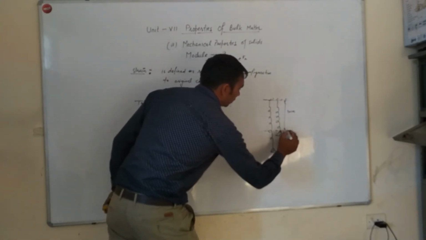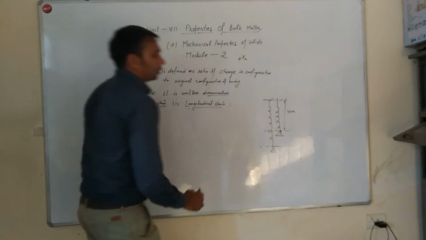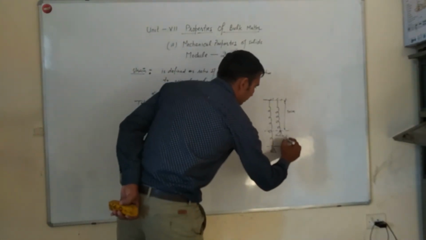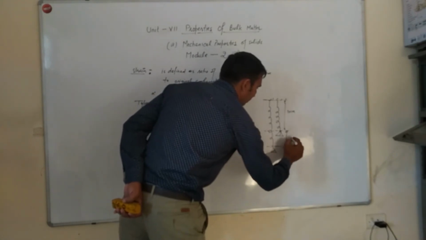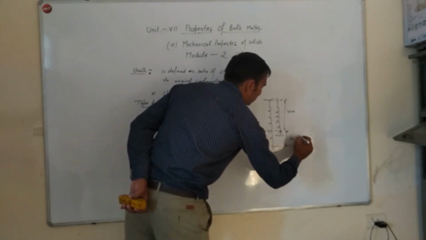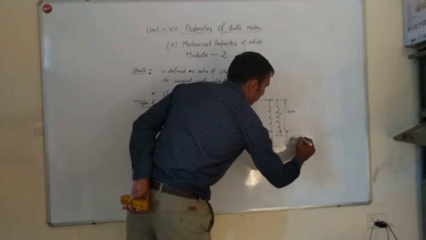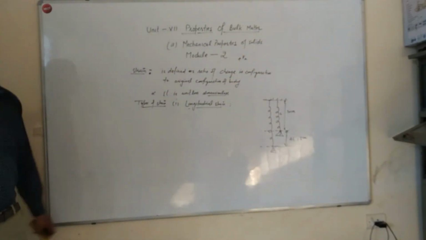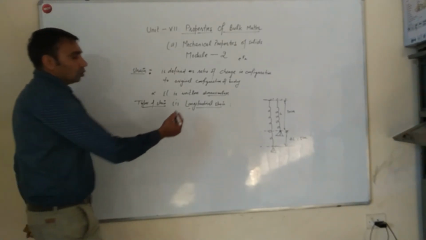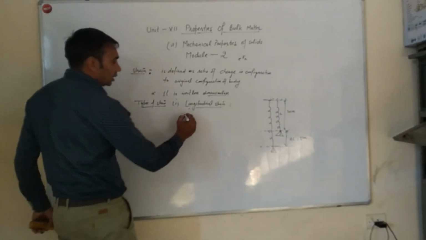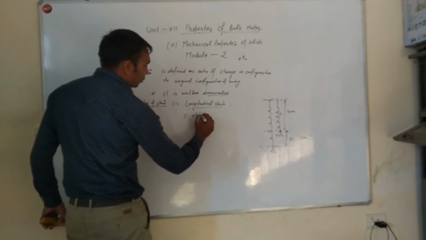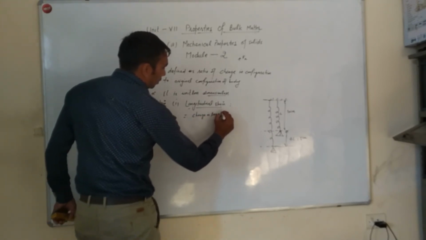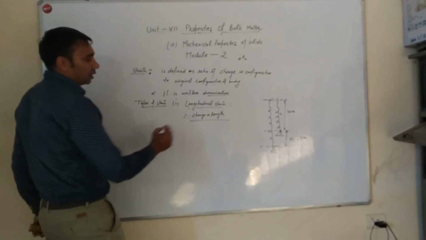Now the increase in length, delta L, is 5 centimeter. Longitudinal strain is change in length divided by original length.